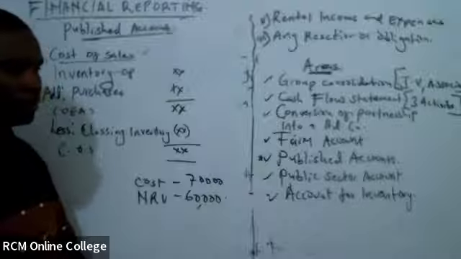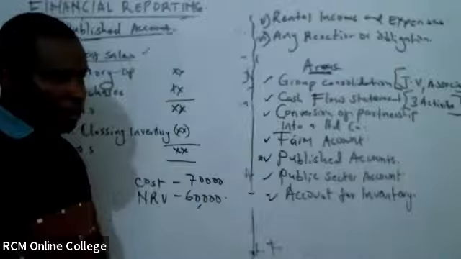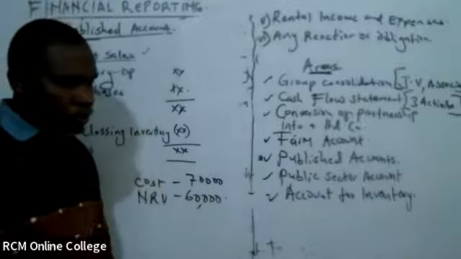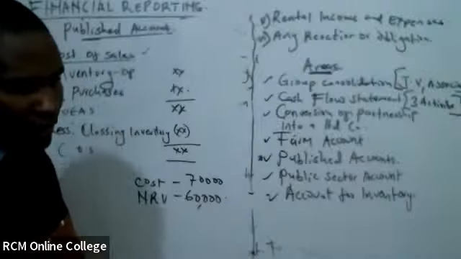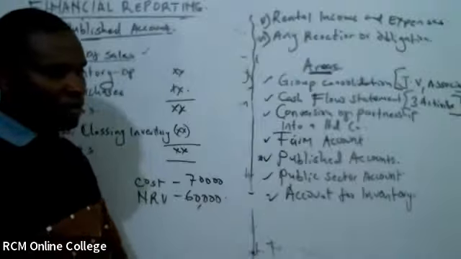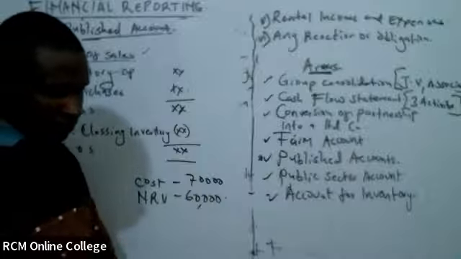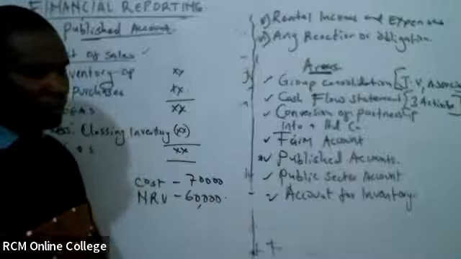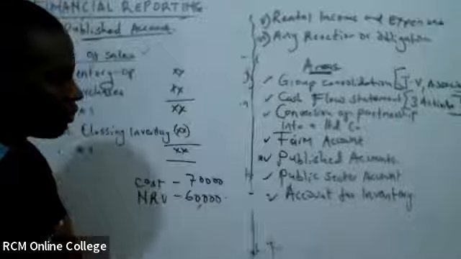Class, which one is the best to use? Ivona, we use the 60,000. Okay, let me wait for the rest. Somebody else?